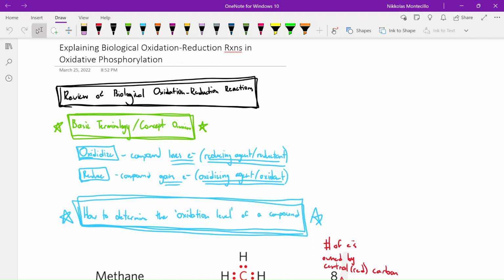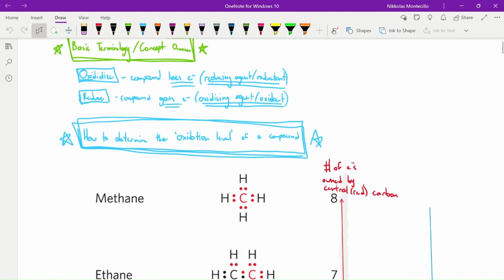Whereas if a compound or molecule is gaining electrons, we refer to this as being reduced. Now, when a compound loses electrons, we also refer to this as the reducing agent or the reductant. Whereas a compound that is gaining electrons, we refer to as the oxidizing agent or oxidant.